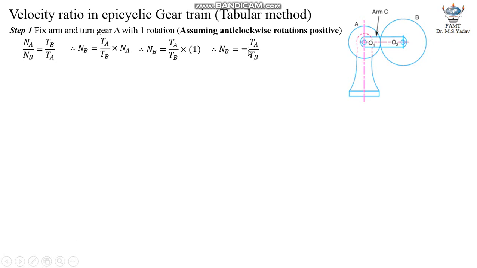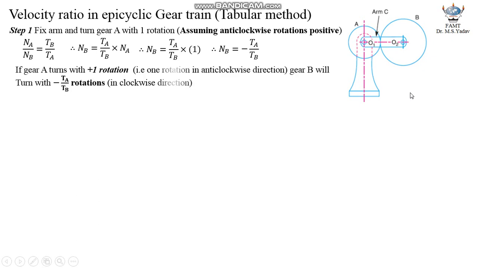Negative sign is introduced here because as gear A turns in anti-clockwise direction, gear B will turn in clockwise direction. So, if gear A turns with plus one rotation, gear B will turn with minus TA upon TB rotations.